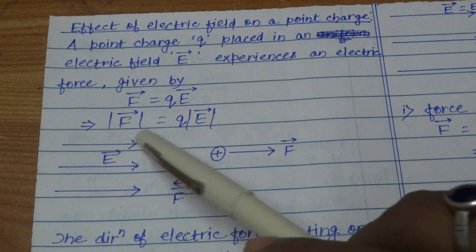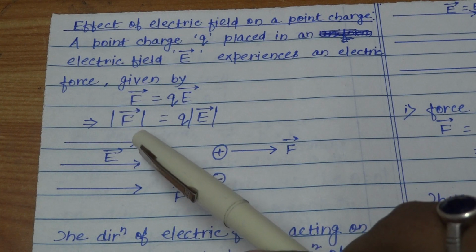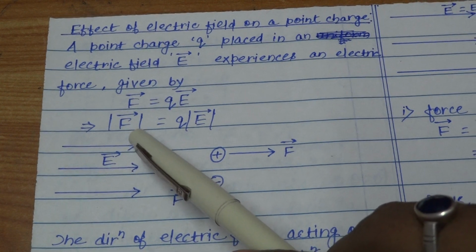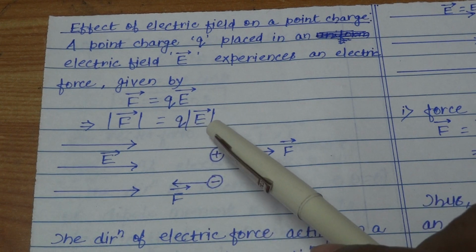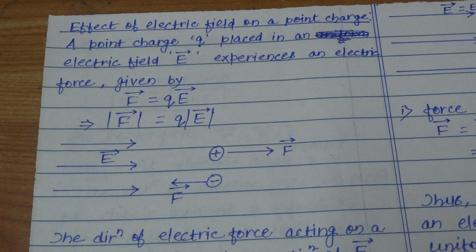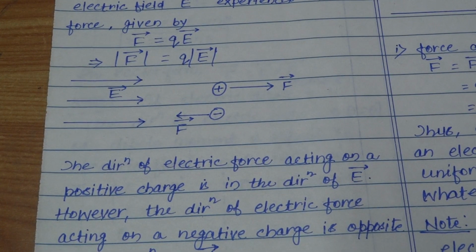This gives the magnitude of this electric force. If we are interested in the magnitude of the electric force, then we will write the formula as Q into the magnitude of electric field. Now let us see the direction of electric force.